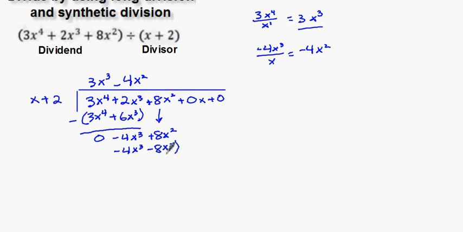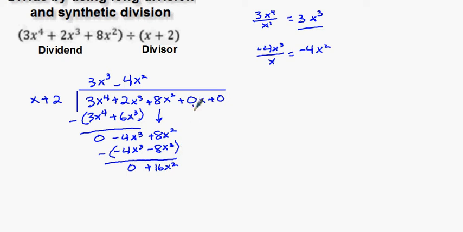And now we're going to subtract both those terms from the terms immediately above. Negative 4x cubed minus a minus, the opposite is going to be a positive, bringing this to 0. And 8x squared minus a minus is a positive again. So 8x squared plus 8x squared is a positive 16x squared.